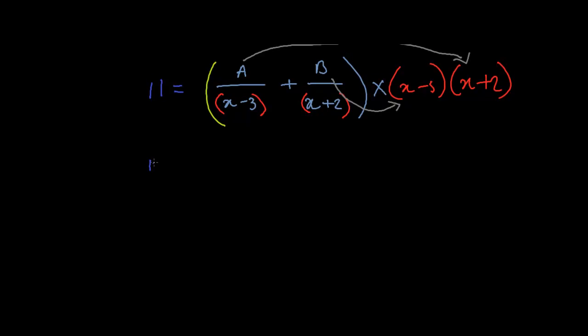Alright, so we have 11 is equal to a brackets x plus 2 plus b brackets x minus 3. Alright.